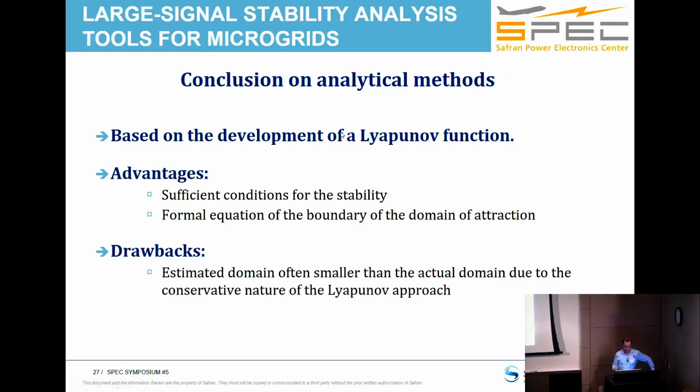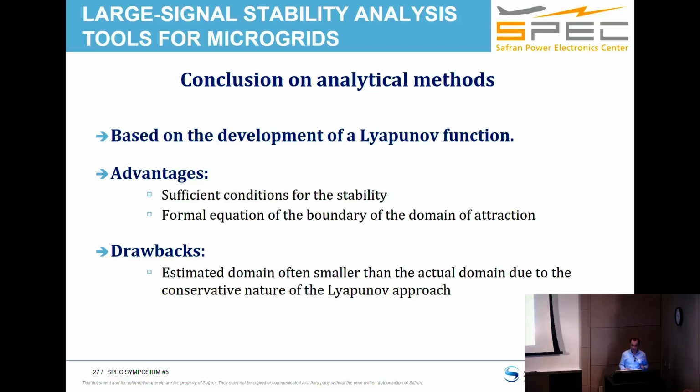on large signal approaches. They are based on a Lyapunov function. The advantage is that you have sufficient conditions. They are not necessary. That means if you are not inside the estimated domain of attraction, you can't say that you are unstable. The only thing you can say is that you don't know. But if you are inside, it is sufficient, and you know that you are stable.